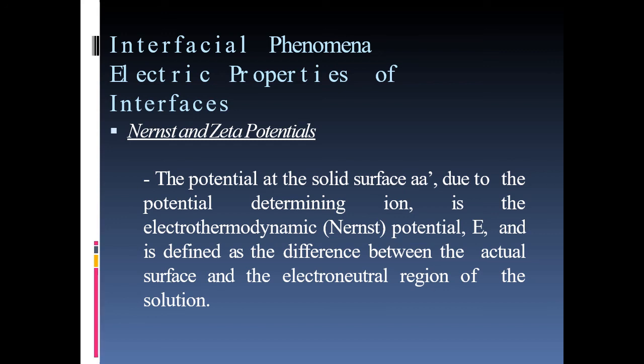Zeta potential is the scientific term for electrokinetic potential in colloidal dispersion. The potential at the solid surface due to the potential determining ion is the electrothermodynamic potential, that is the Nernst potential, and it is defined as the difference between the actual surface and the electroneutral region of the solution.